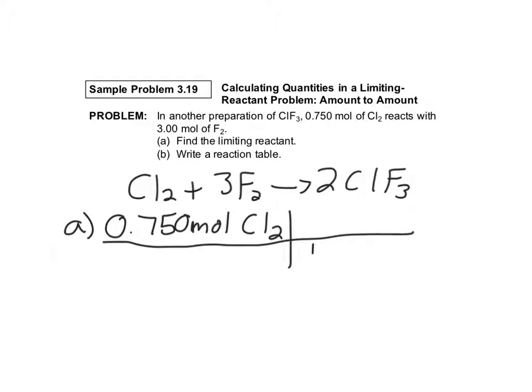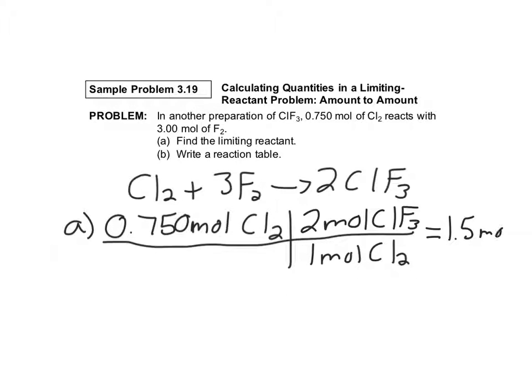From the balanced equation, for every 1 mole of Cl2, my stoichiometric coefficient here is 1, I can make 2 moles of ClF3. So what is that equal to? 0.75 times 2 is equal to 1.5 moles of ClF3.